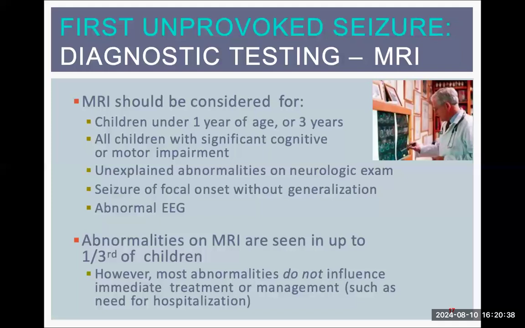Some of these points we already mentioned. Abnormalities in the MRI can be seen in one-third of patients. However, some of them don't influence or require any treatment or management.